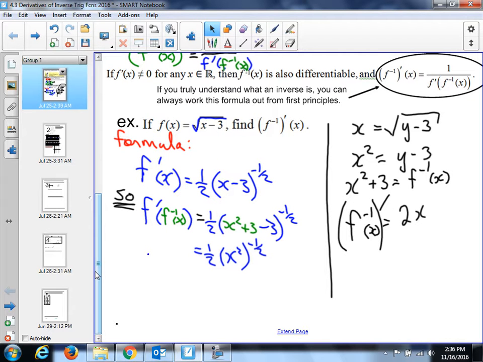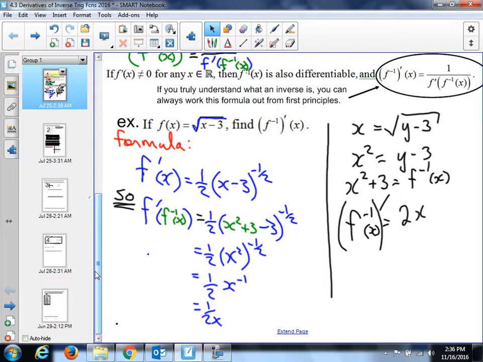We know a bit about what happens with exponents on exponents, right? What do you do to them? You just multiply them, right? 2 times negative 1/2 is negative 1. Okay? Nobody's shouting stuff out, so I'm just going to put this here. What does this turn into? 2x. Okay?